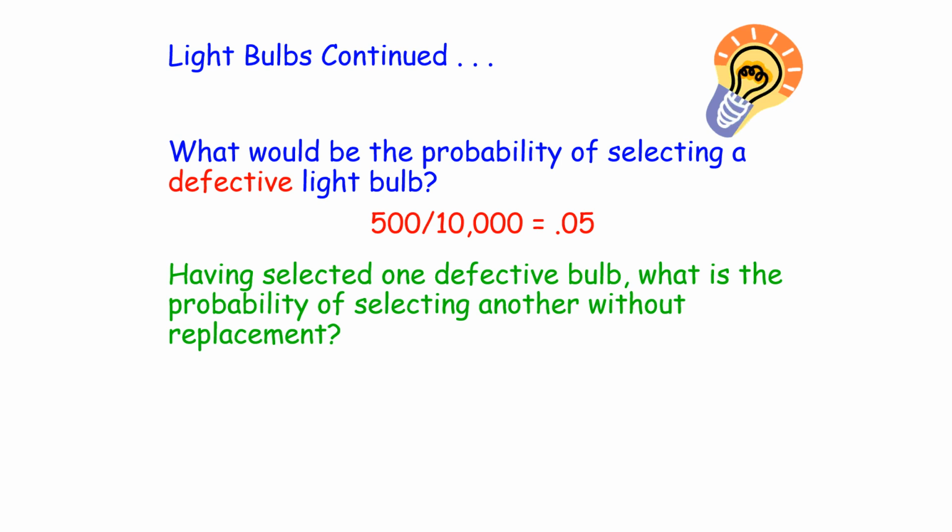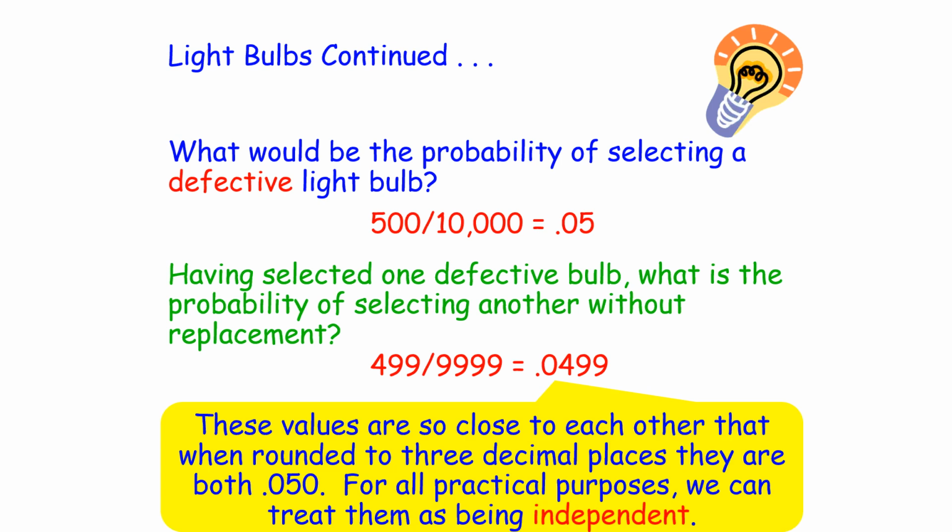Well, instead of having 500 defective bulbs, because I already have one of them, I only have 499. And there's no longer 10,000 bulbs, there's only 9,999, which gives me a chance of 0.0499. Now these values are so close to each other that when rounded to 3 decimal places, they're both 0.050. So for all practical purposes, we can treat them as being independent.